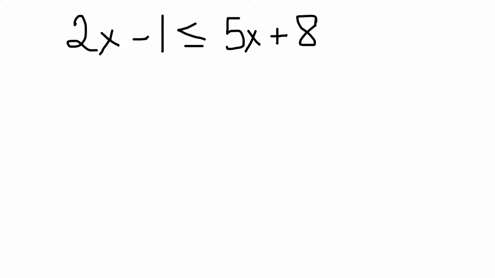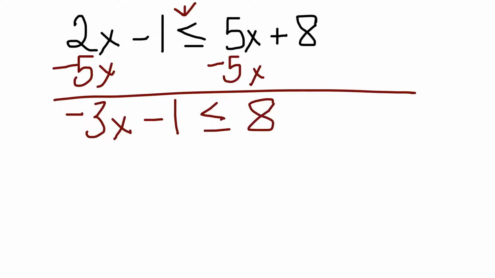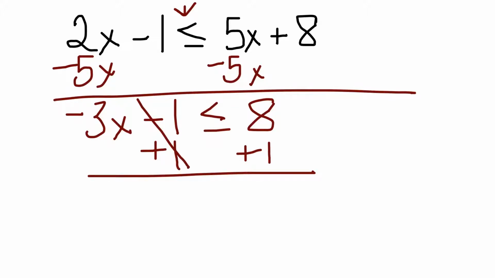Finally, we have an inequality. And in this one, I solve this inequality as if this right here was an equal sign. So I'm going to subtract 5x on both sides, and I get negative 3x minus 1 is less than or equal to 8. Now I'm going to add 1 on both sides. This cancels and I get negative 3x is less than or equal to 9.